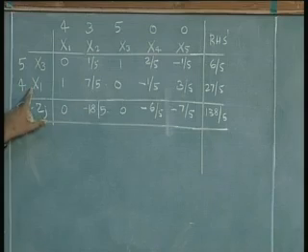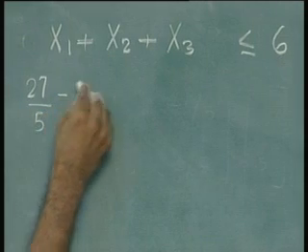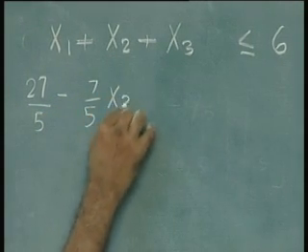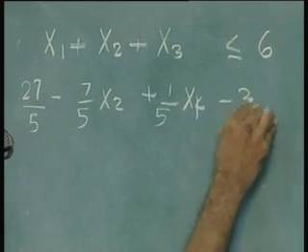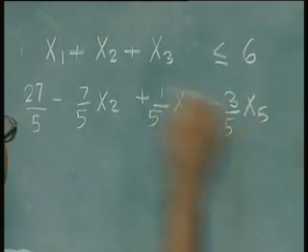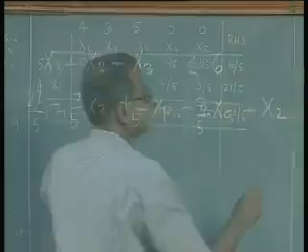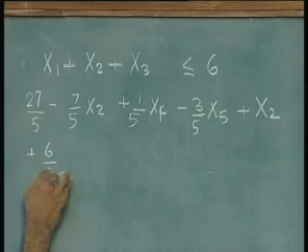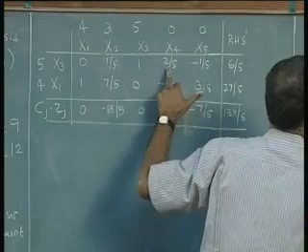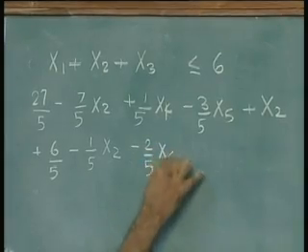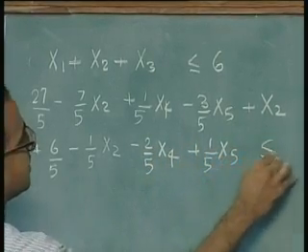So x1 is written from this equation as 27 by 5 minus 7 by 5 x2 plus 1 by 5 x4 minus 3 by 5 x5, plus x2. Now x3 is written from this equation as 6 by 5 minus 1 by 5 x2 minus 2 by 5 x4 plus 1 by 5 x5, less than or equal to 6.